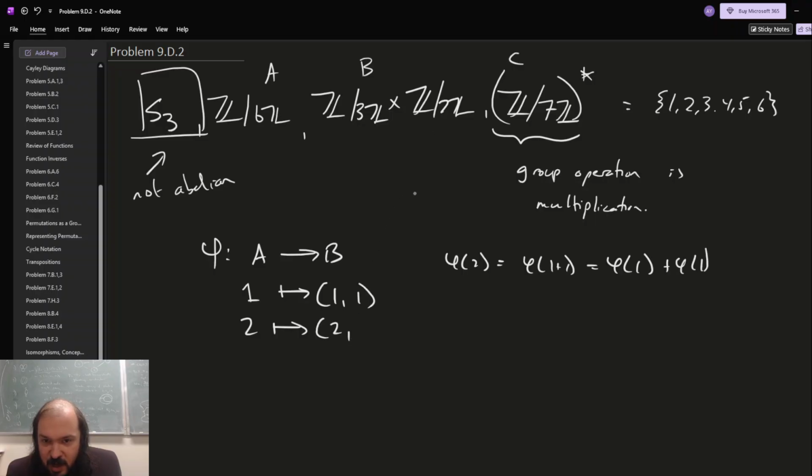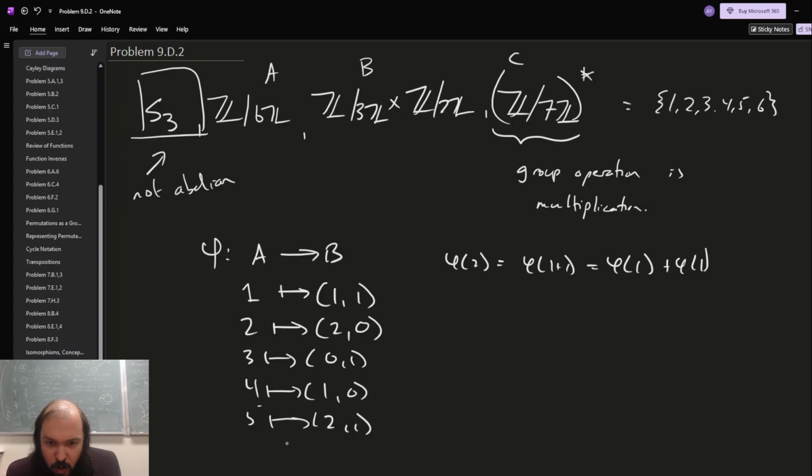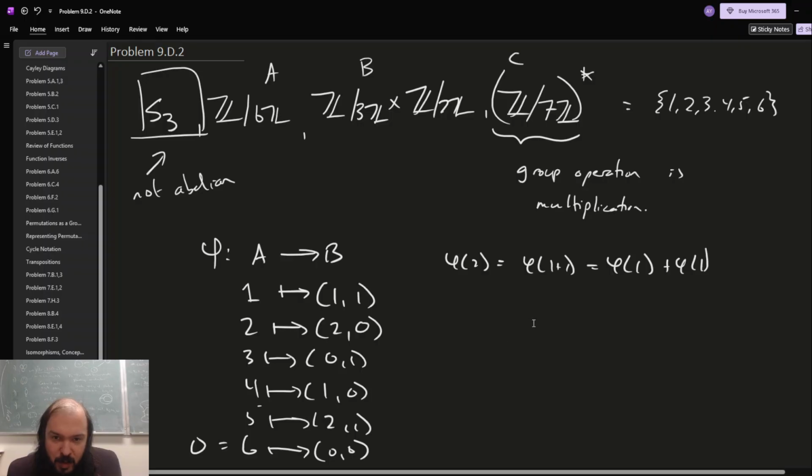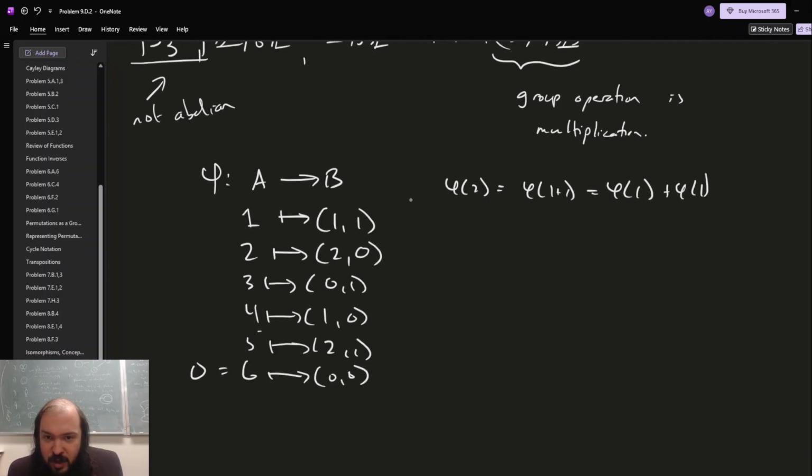But in the second slot, if you have a 2, we're working mod 2, so it gets reduced to 0. 3 becomes 0, 1. 4 becomes 1, 0. 5 becomes 2, 1. And 6, which is the same thing as 0, goes to 0, 0.